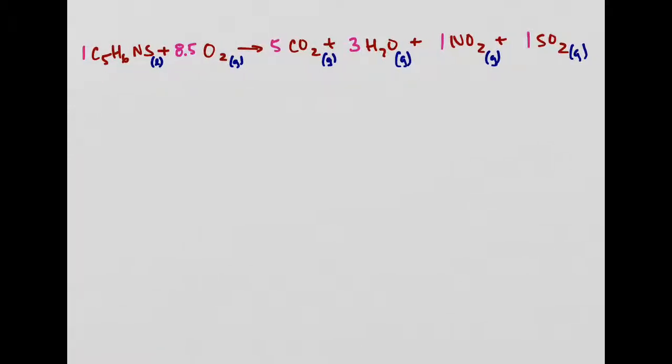Okay, there we go. And if I multiply each thing through by 2, then instead of having 1 C5H6NS, I'm going to have 2 of those.